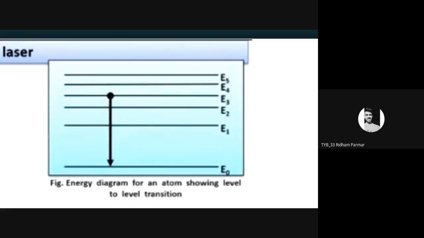Now if that atom is brought to energy level 3, that is E3, by an outside energy source like heat or light, you can bring that atom to the level E3. Then this atom is allowed to decay back to the ground state.